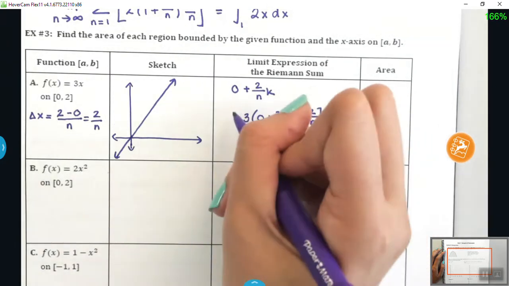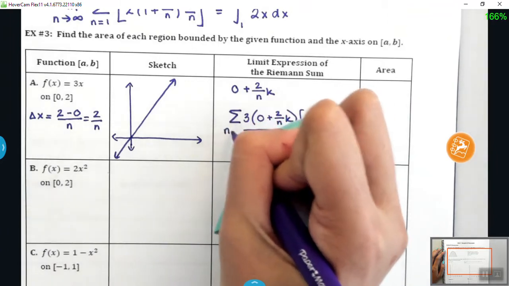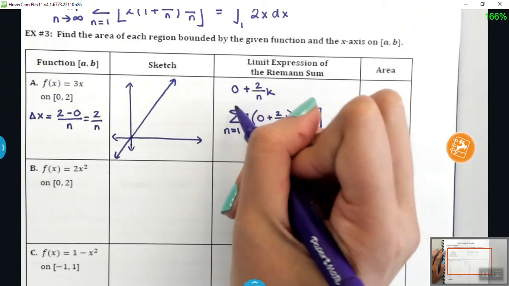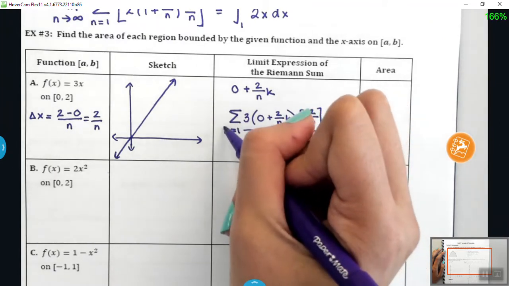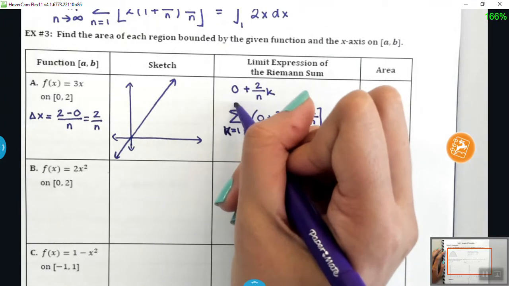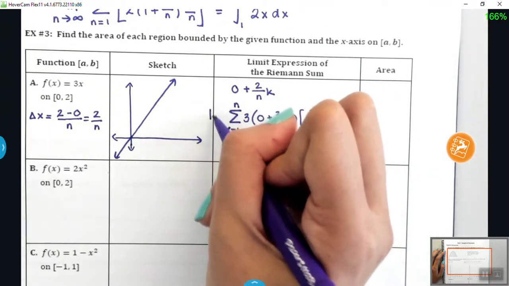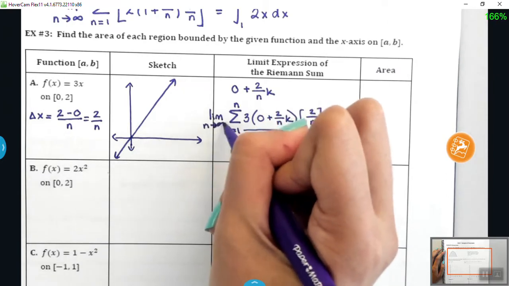Okay, then you want to add them all up, so we do a sum. N equals 1, 2, k equals 1, my bad. Let's do k equals 1, starting at 1 to n, and we want the number of rectangles to go to infinity.